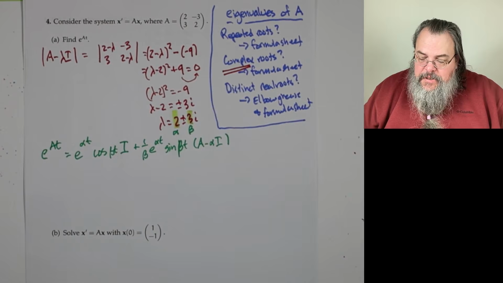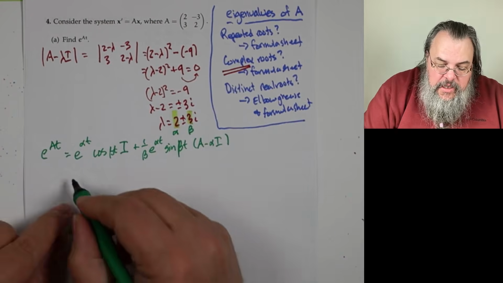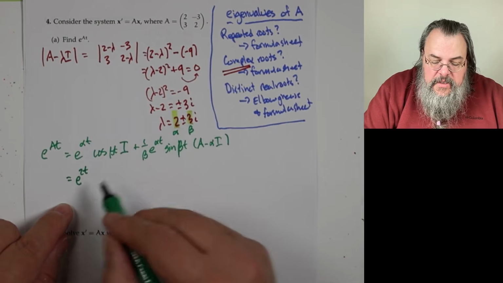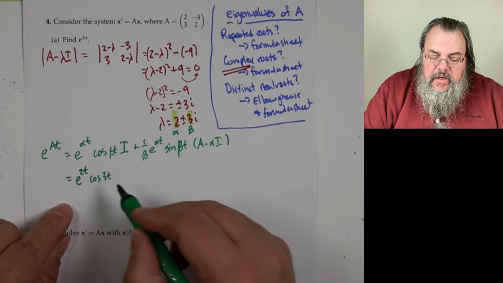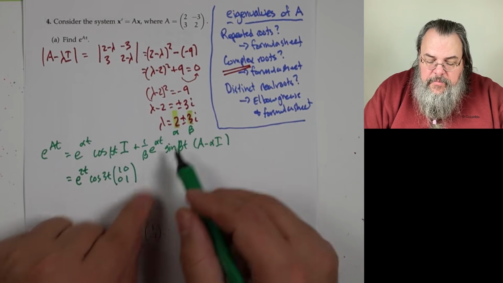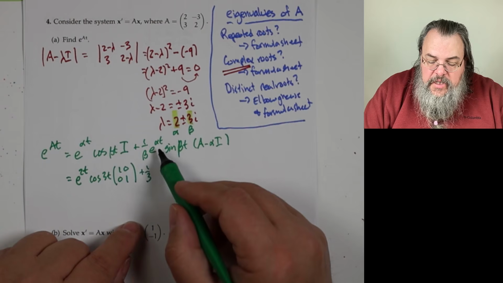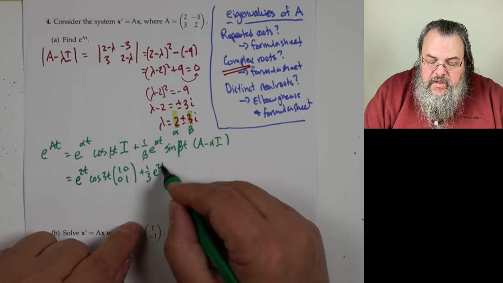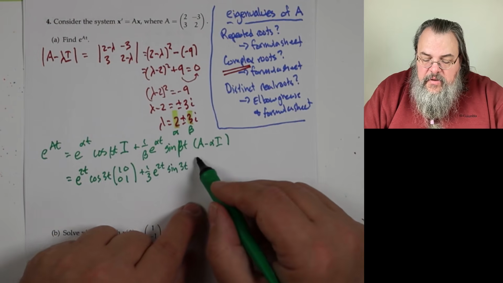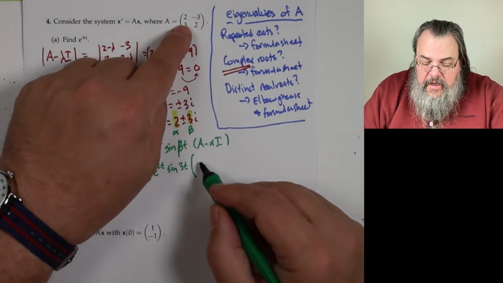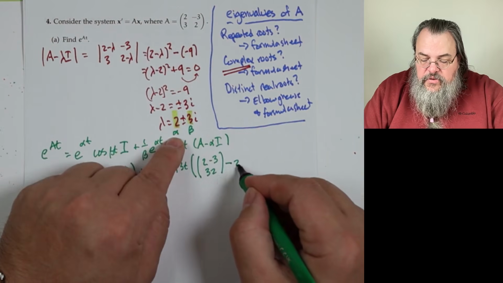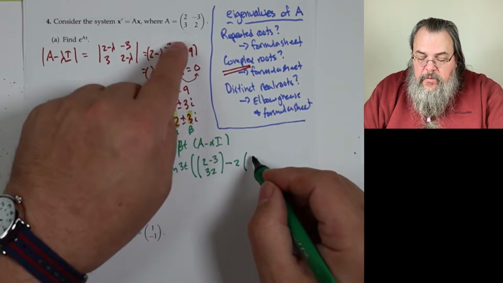Now we put this together. We get e to the alpha, so that's e to the 2t, cosine beta t, cosine 3t, times the identity, 1, 0, 0, 1, plus 1 over beta, 1/3, e to the alpha t, e to the 2t, sine beta t, sine 3t, times A, and here's our A, so it's 2, minus 3, 3, 2, subtract alpha, 2 times the identity, which is 1, 0, 0, 1.